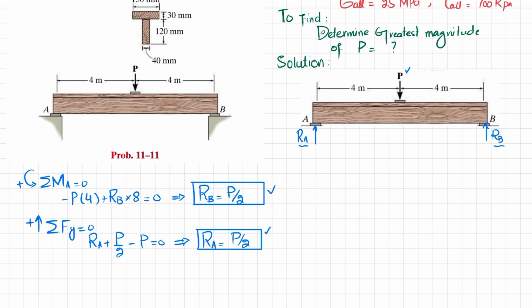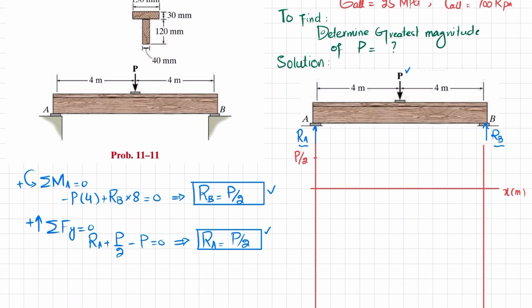Now we will draw the shear force and bending moment diagrams. So we will draw vertical lines from the end. Okay, so this is the length, along the length which is in meter. You can see at point A we have a load of RA which is P by 2. So let this point be P by 2.